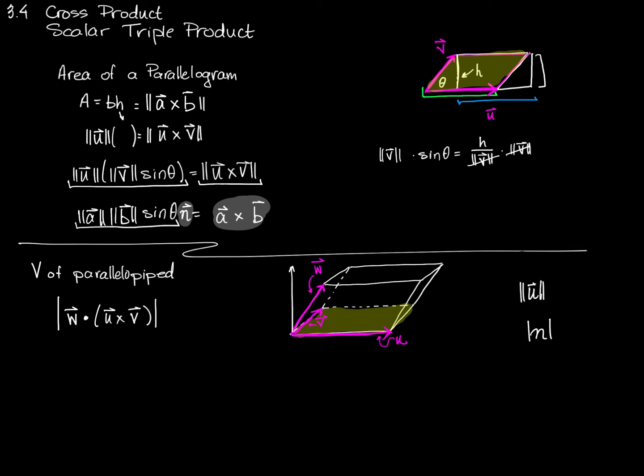It depends on the textbook, depends on the author. I like this distinction, because this tells me I'm in the context of vectors, and this tells me I'm in the context of real numbers. So I would tend not to use the other notation for magnitude. It's not wrong. It is quite common, but it's not my preference.